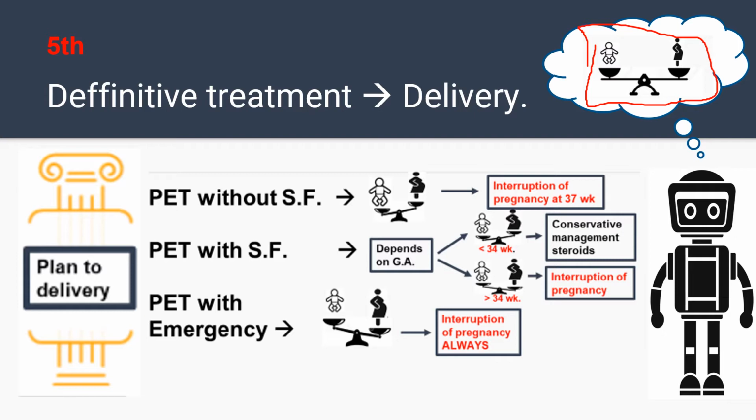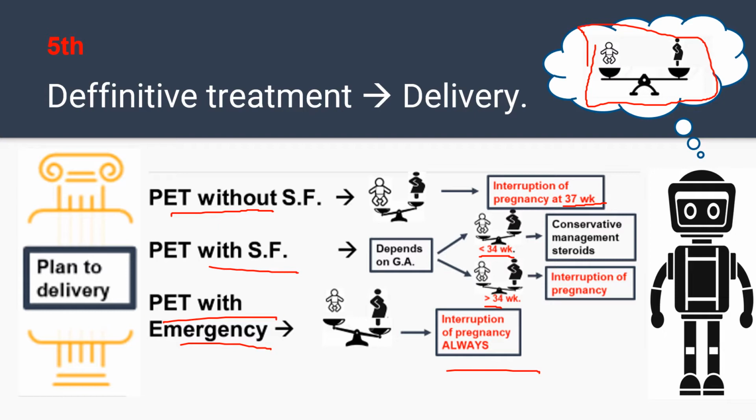If we have preeclampsia without severe features, finish the pregnancy at 37 weeks. If we have preeclampsia with severe features, depending on gestational age, we make conservative management and give steroids before 34 weeks, and we finish the pregnancy after 34 weeks. And if the preeclampsia has emergency features, we have to finish the pregnancy always, at any time, and as soon as possible.